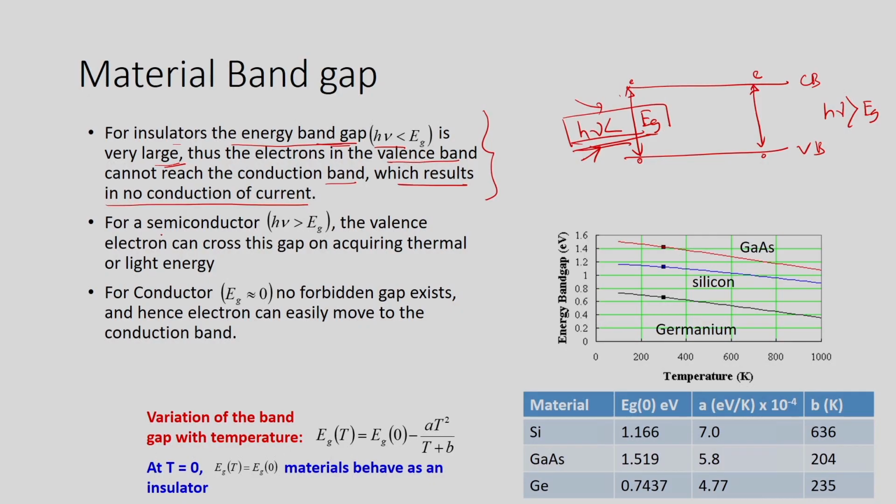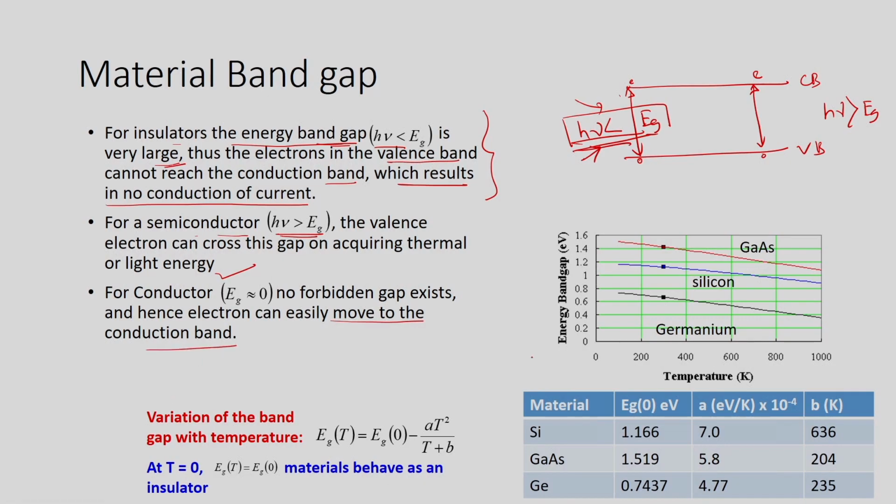For semiconductors, the conductivity is in between insulator and conductor. So, for semiconductors, h nu has to be greater than band gap energy. The valence electron can cross the gap on acquiring thermal or light energy. And for a conductor, no forbidden gap exists, hence the electrons can easily move to the conduction band.